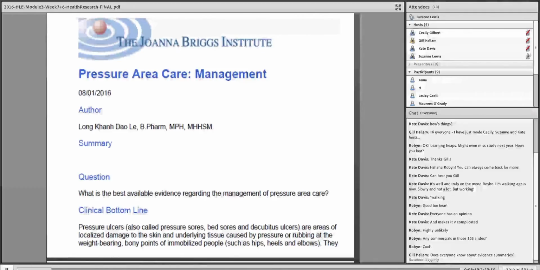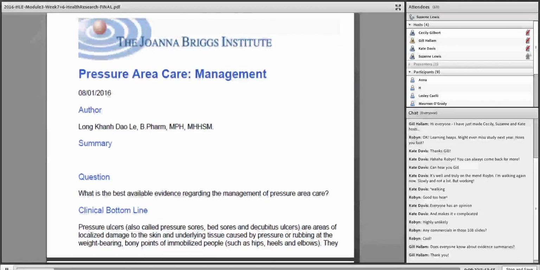So what happens is that usually the Joanna Briggs Institute, one of the groups will do a systematic review on a topic such as pressure area care, and then from the results of that systematic review, they will then produce some associated publications such as evidence summaries, recommended practices, best practice sheets, and that kind of thing, which are usually only a couple of pages long.